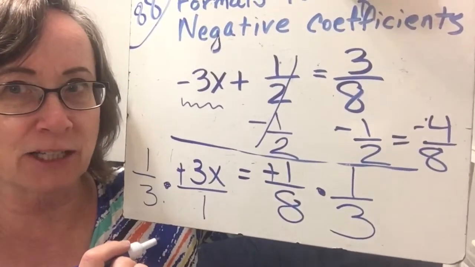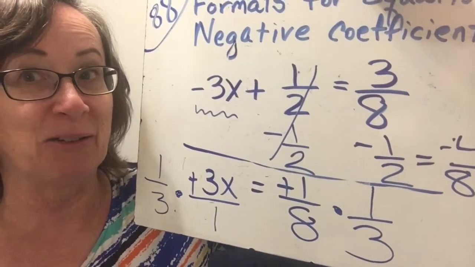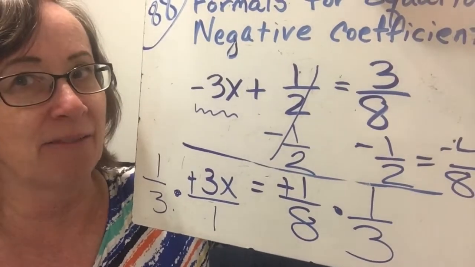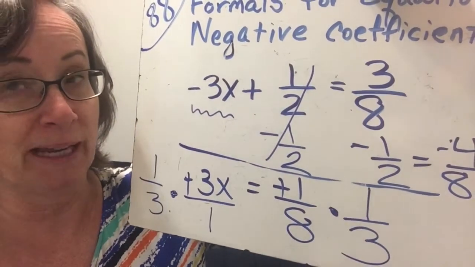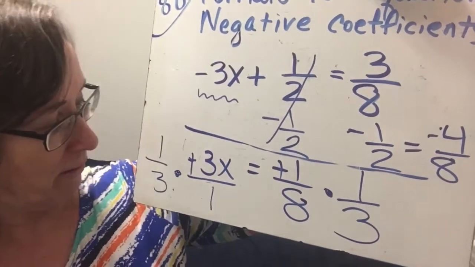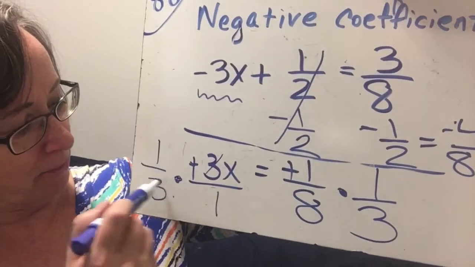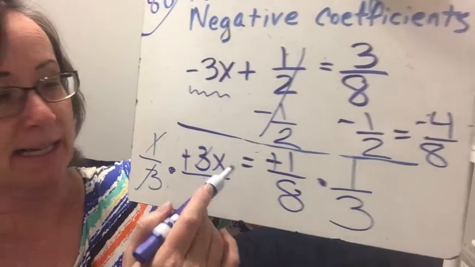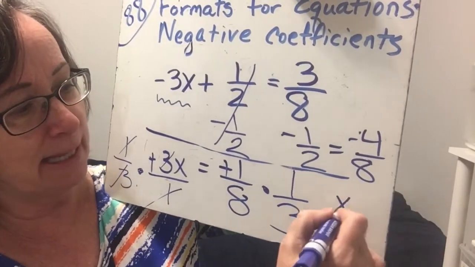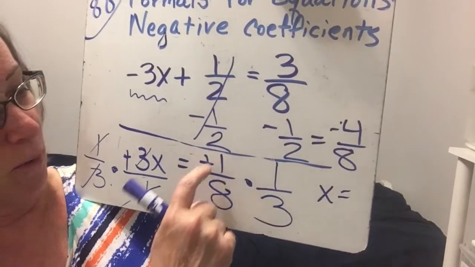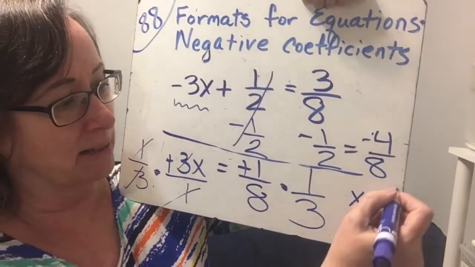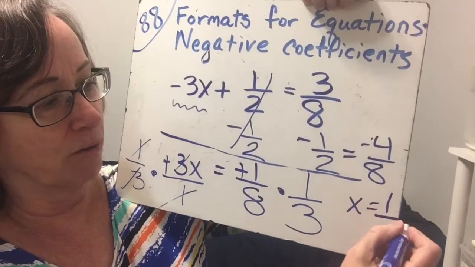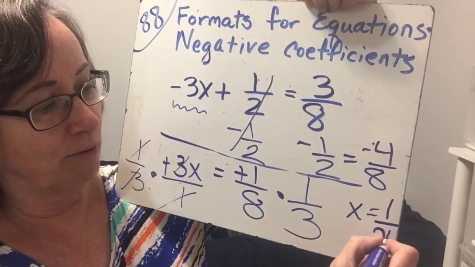We multiply by 1/3. So you can see that the 3 and the 3 cancel, and the 1 and the 1, of course, cancel, and we're left with x. So we have x equals 1/8 plus 1/3 is 1 over 24.